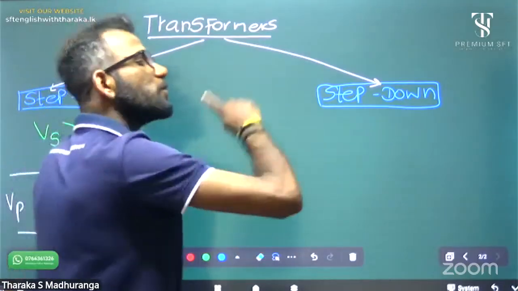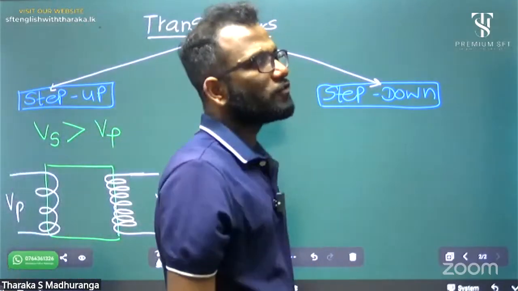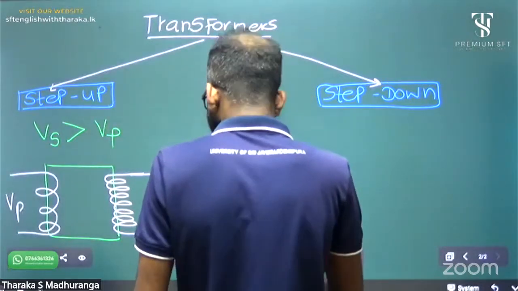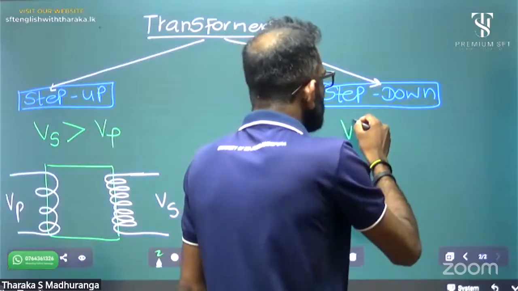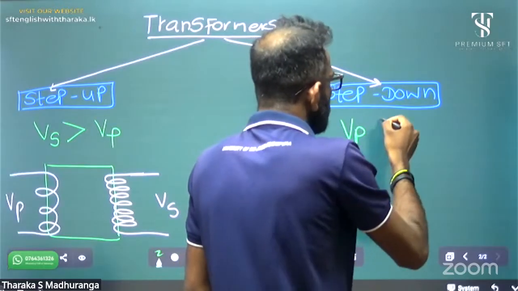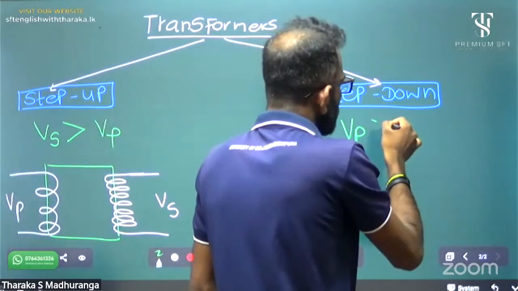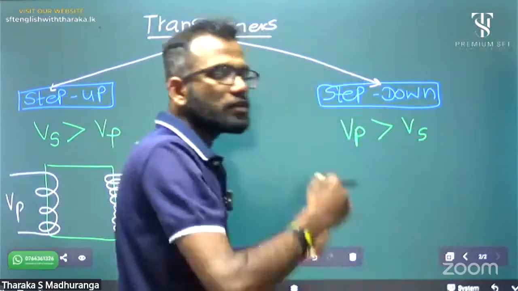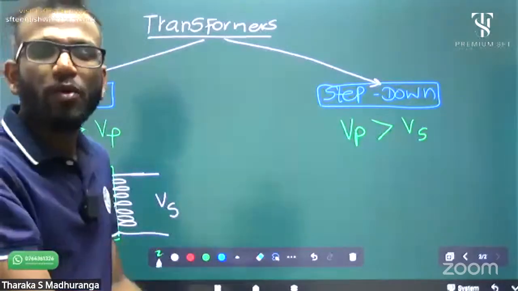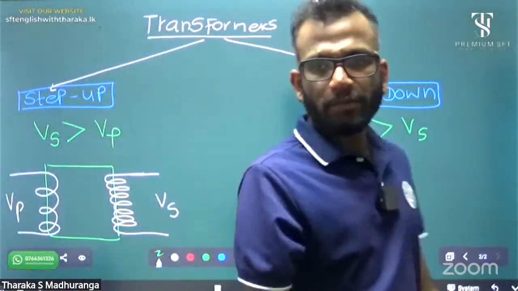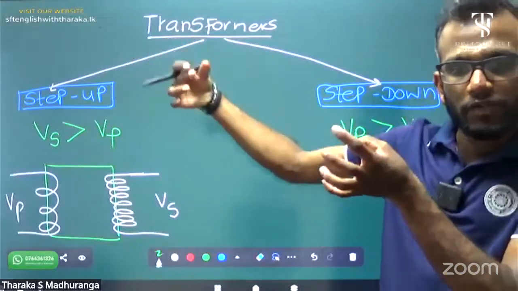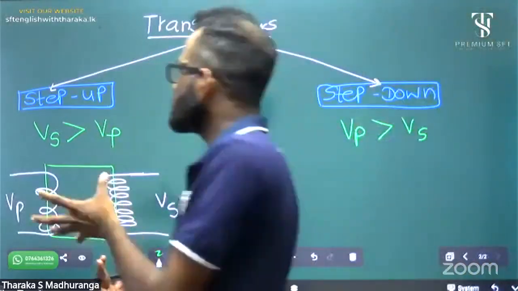Let's discuss step down transformers. What's the meaning of step down? The opposite. The primary voltage is greater than the secondary voltage. The voltage drops back into a normal value. From the transmission wires, it is converted again into normal voltage.